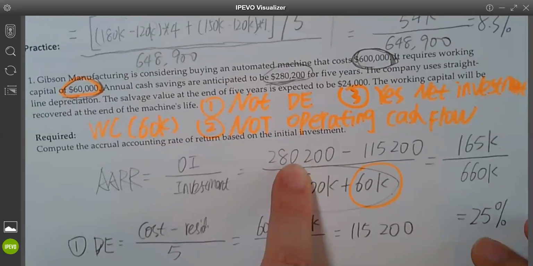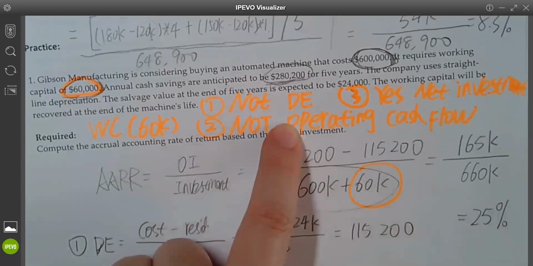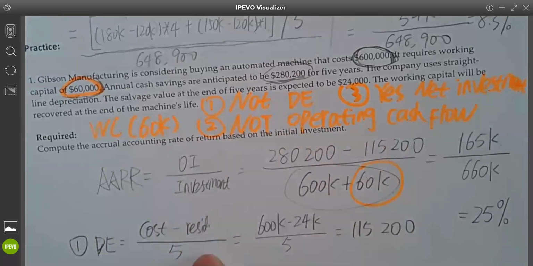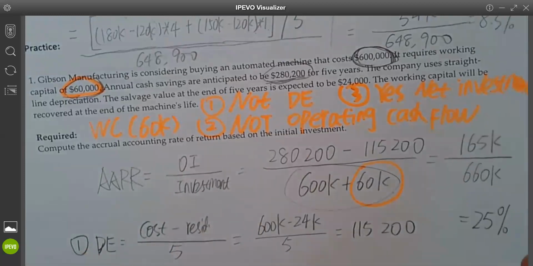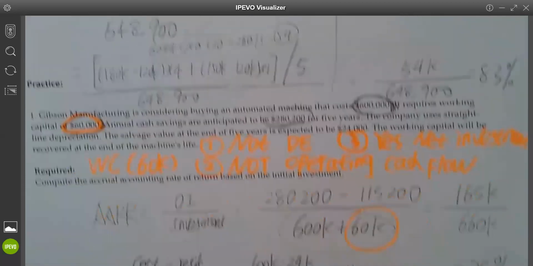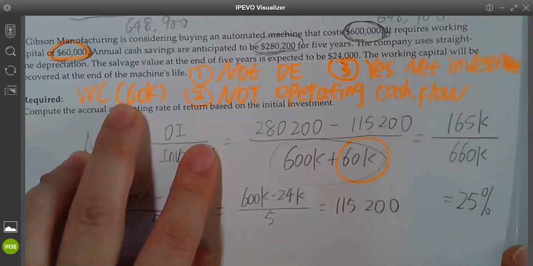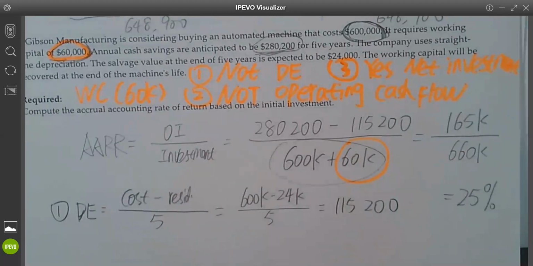It is not in the depreciation, it is not in the operating cash flow, but it's in the net initial investment. Okay, I think I stop here. ARR takes time to think about, but I think the main thing is how we take care of working capital. As long as you know that one, you should be fine.